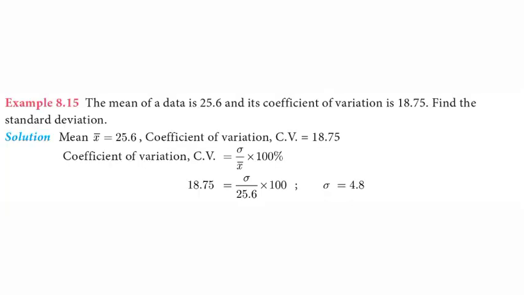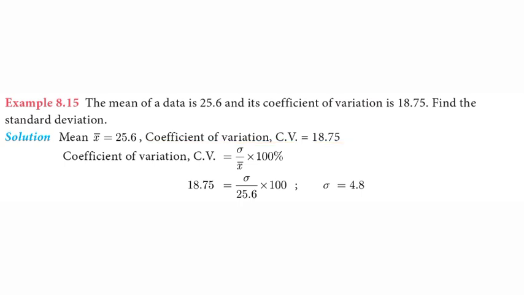First example, sum 8.15. The question: the mean of a data is 25.6 and its coefficient of variation is 18.75. Find the standard deviation. Solution: what is the given value? Mean x bar equals 25.6 and coefficient of variation CV equals 18.75.